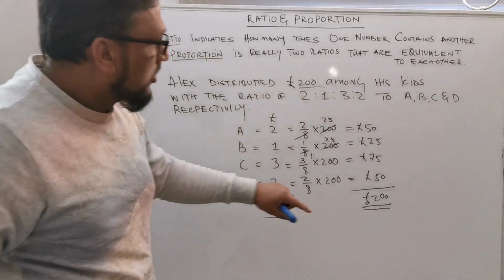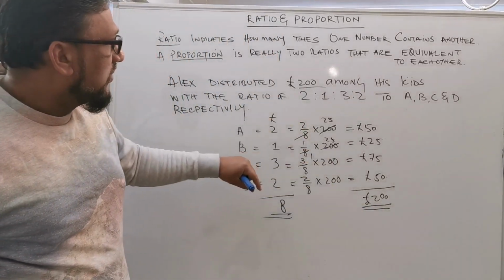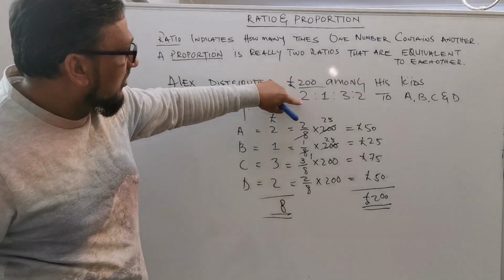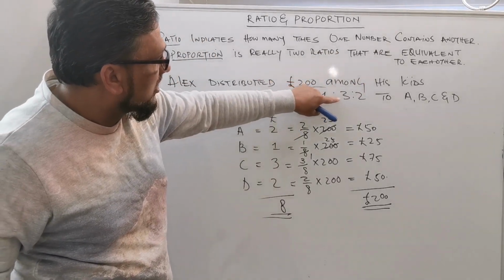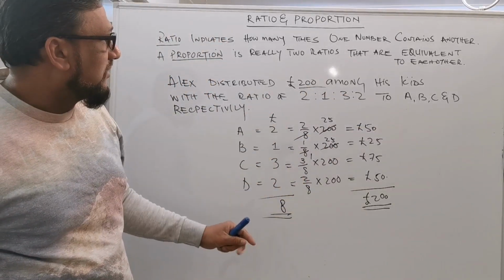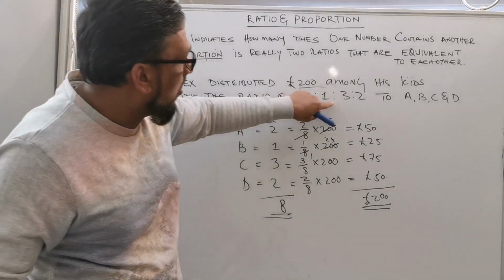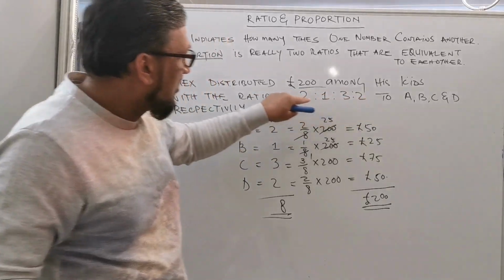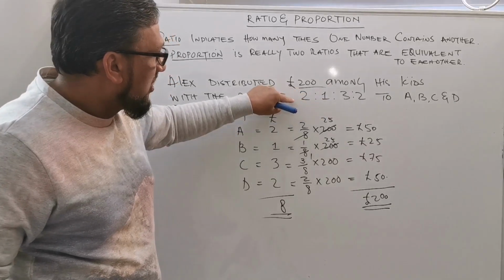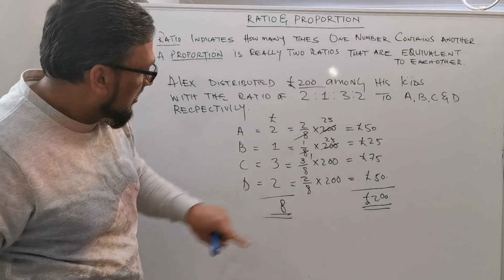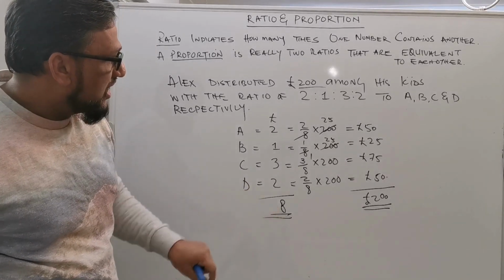So 200 pounds was distributed among his kids with a ratio of 2:1:3:2. What I did was simply add all these numbers to get 8 pounds.